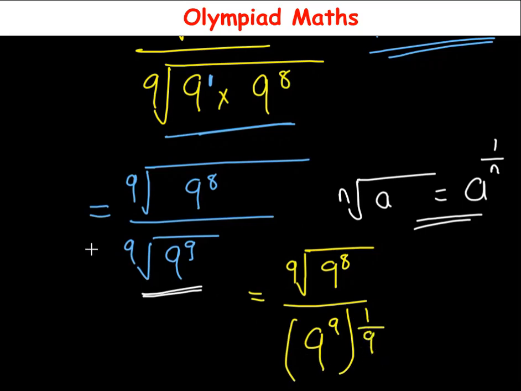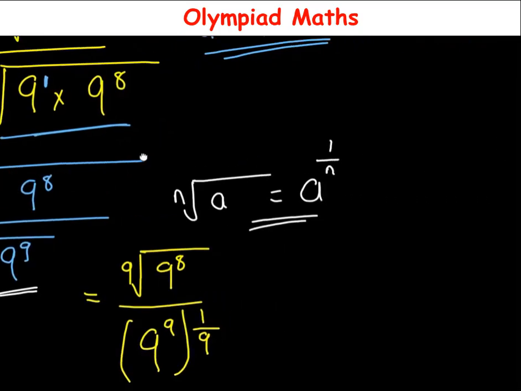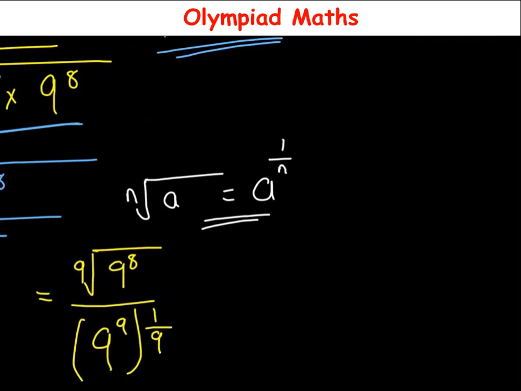Okay, so from here, we can simplify this further by using this principle that if you have a raised to power n, all to the power of m, this is equal to a raised to power n times m.